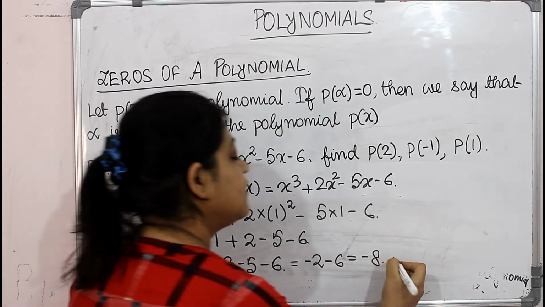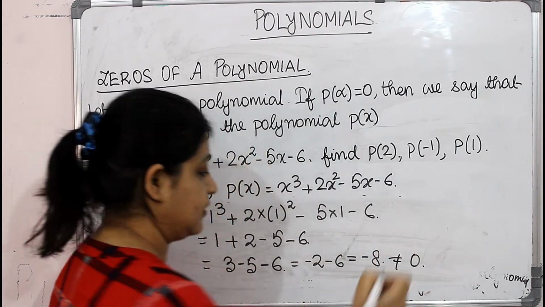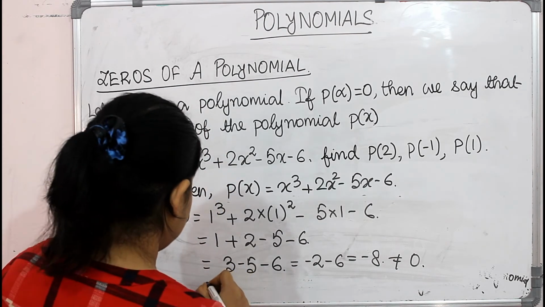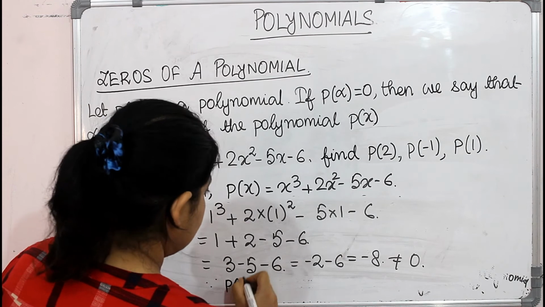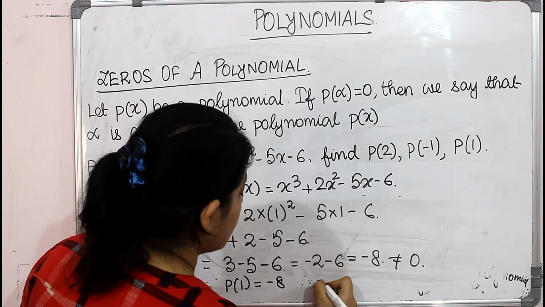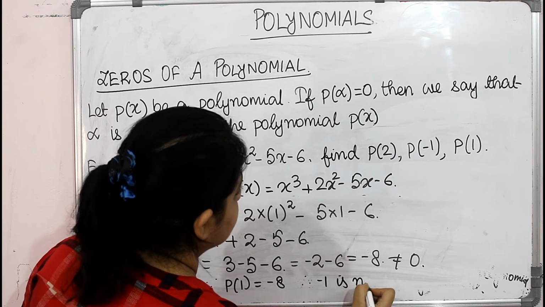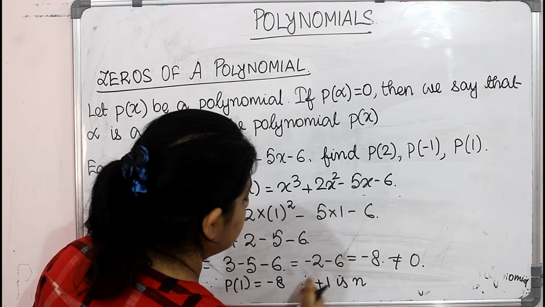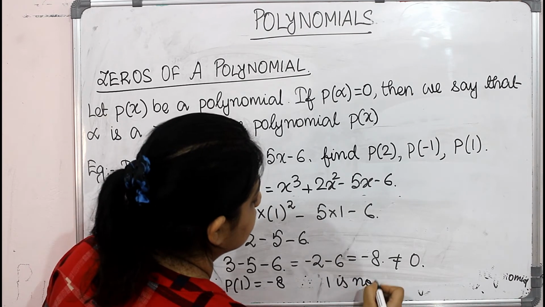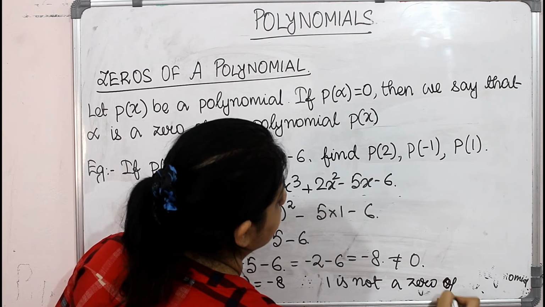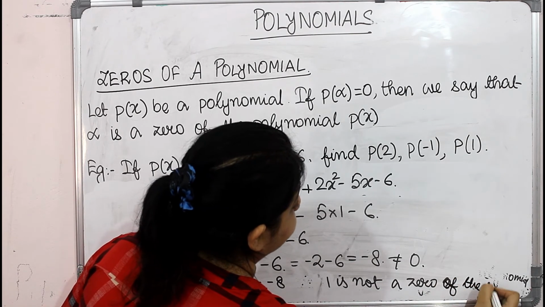Minus 8 is not equal to 0, isn't it? Since p(1) is equal to minus 8, therefore 1 is not a zero of the polynomial.